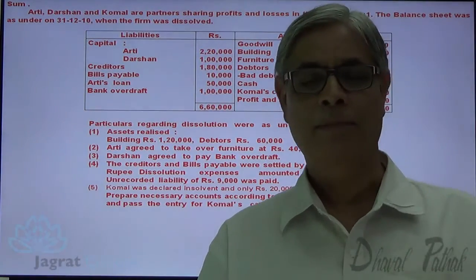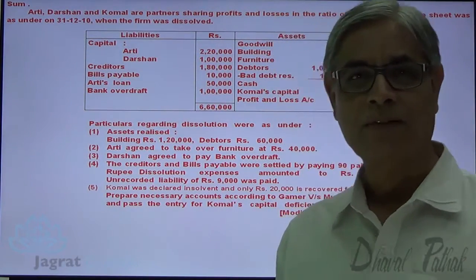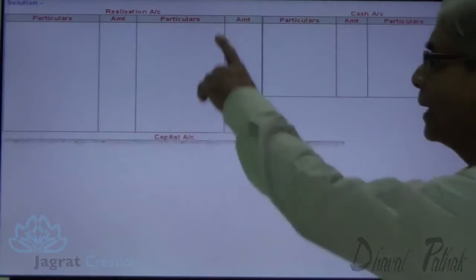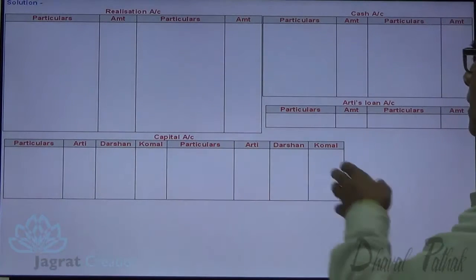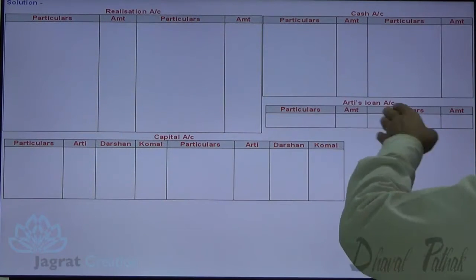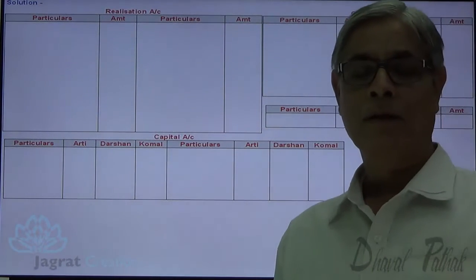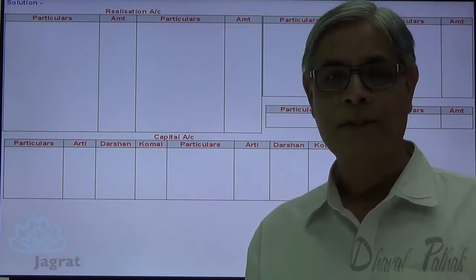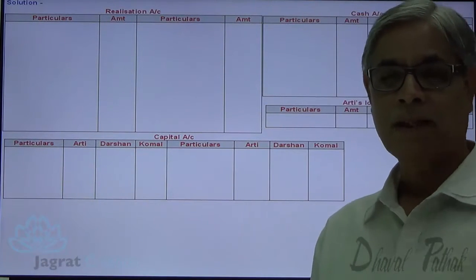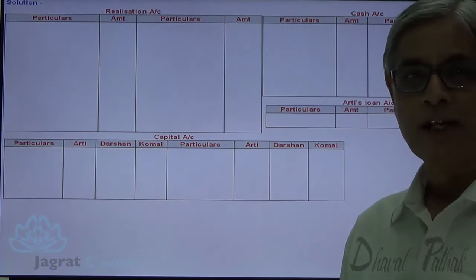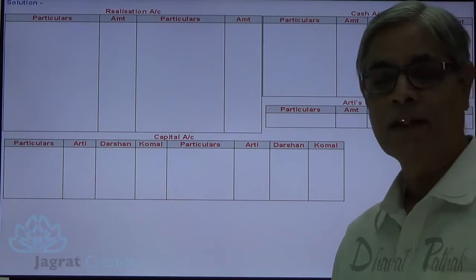After making this discussion, let me start with the sum. Here I am going to prepare realization account, partners capital account, cash account, partners loan account. The sum starts with the usual steps, but there are a few changes which I am going to tell you while solving the sum.